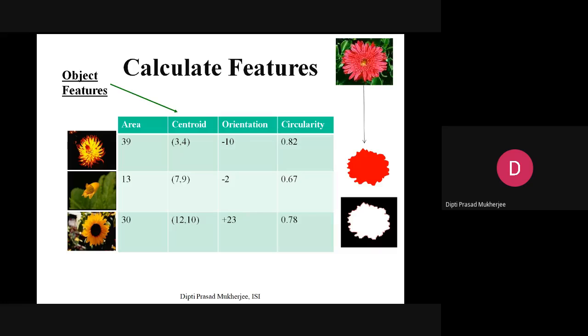If you look at that red segment, and I would like to compare the red segment with these three flowers, how is it possible to compare these segments with these three flowers?